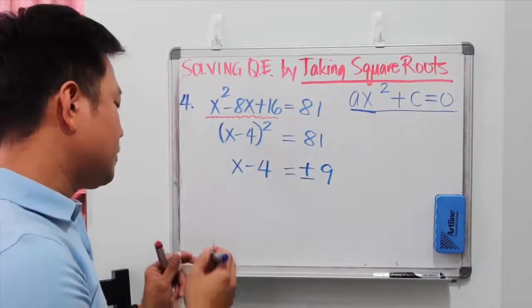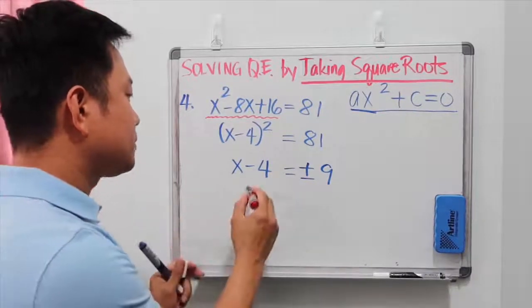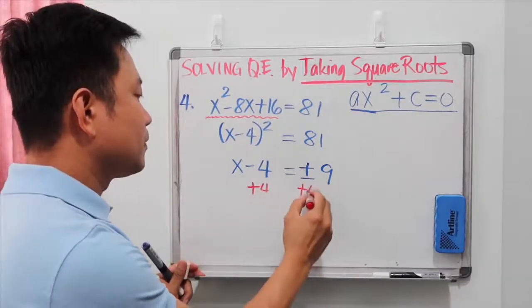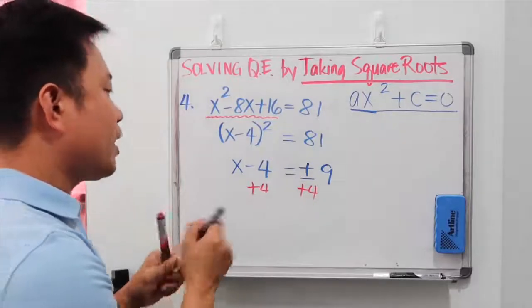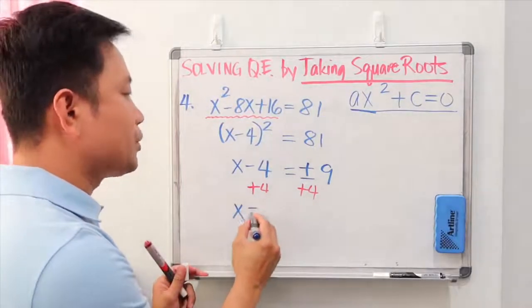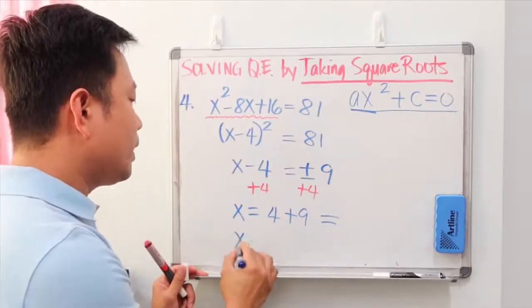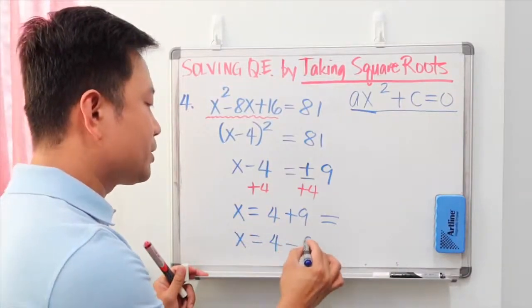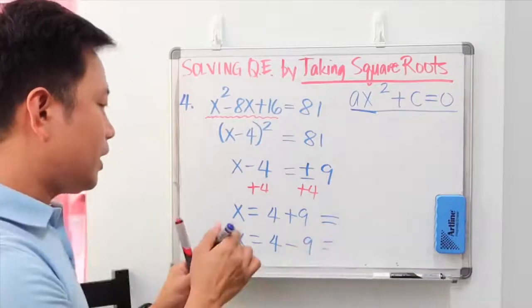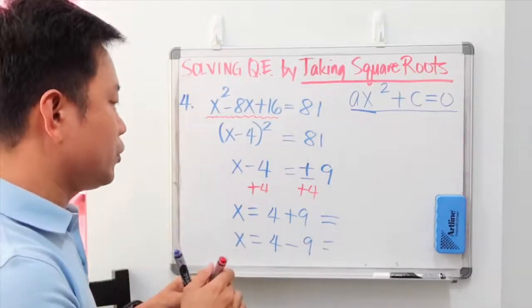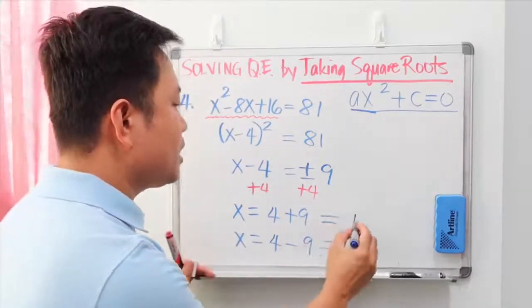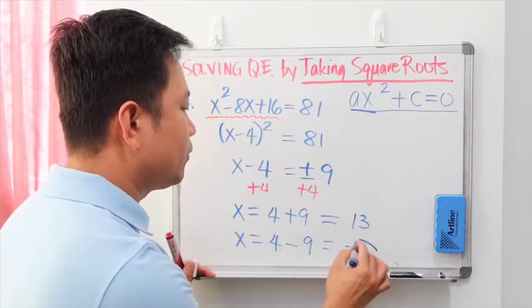So adding 4 to both sides of this equation, then the two values for x will be x is equal to 4 plus 9, and the other one is 4 minus 9. Which means the values of x that will make this equation true are 13 and negative 5.